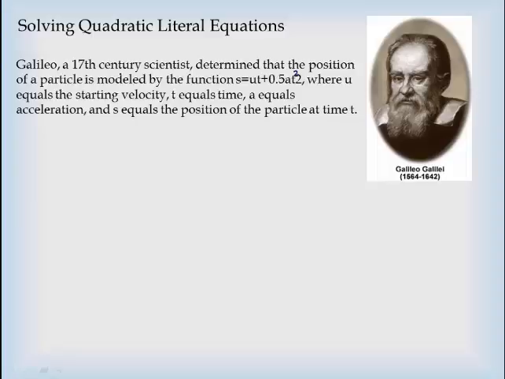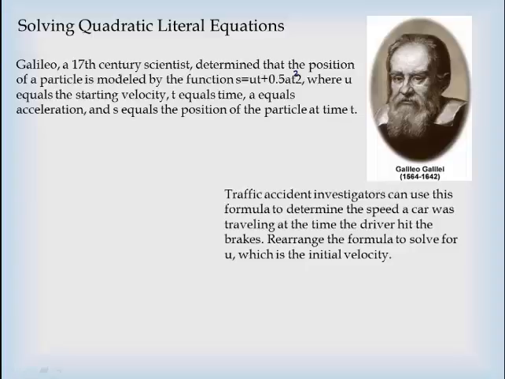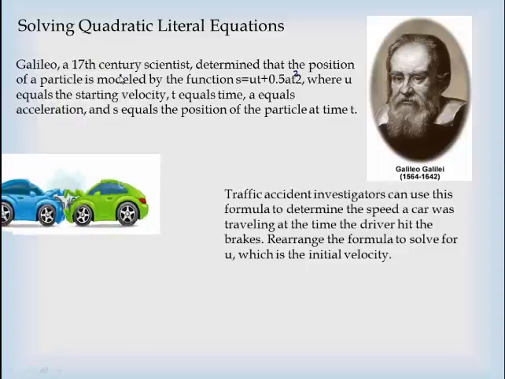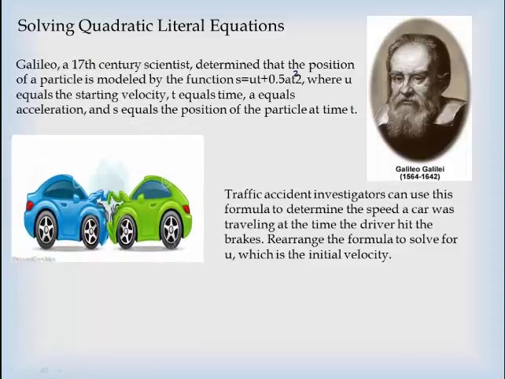That's the position. So traffic accident investigators use this formula to determine the speed of a car when the driver hits the brakes. So we want to rearrange the formula to solve for u, which is the initial velocity.